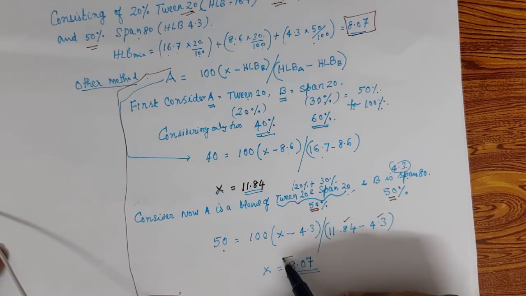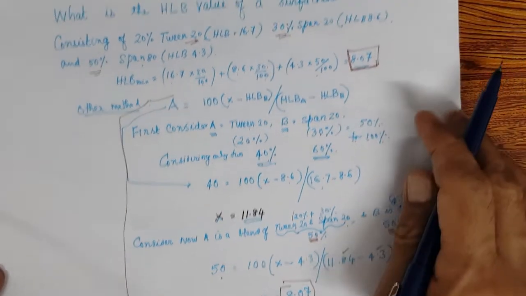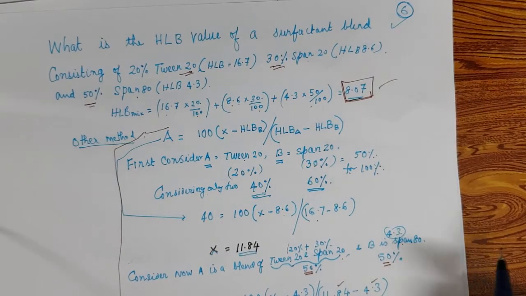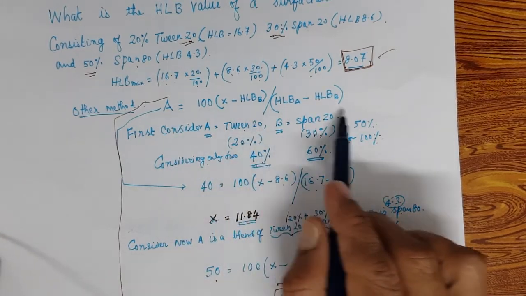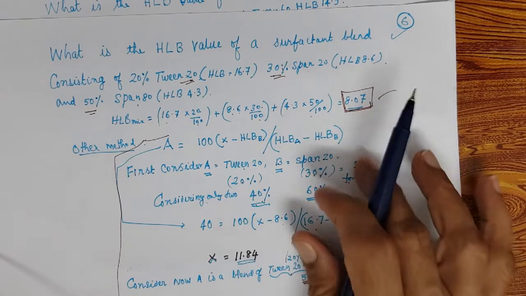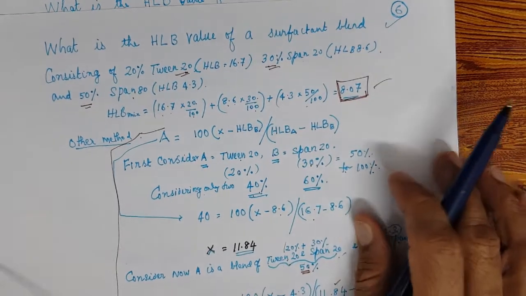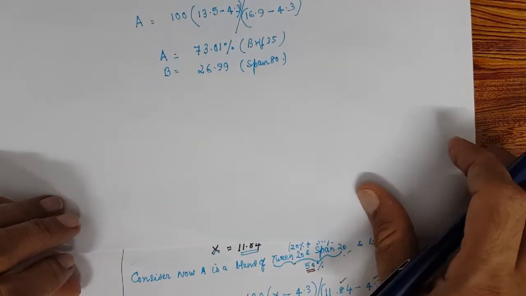So when you calculate, this is 8.07 and here also 8.07, right? Why I am telling this is that for something only this formula can be used, right? So we will go to the next thing.